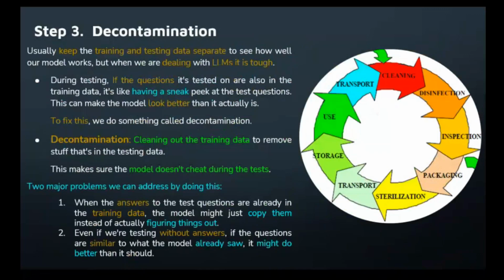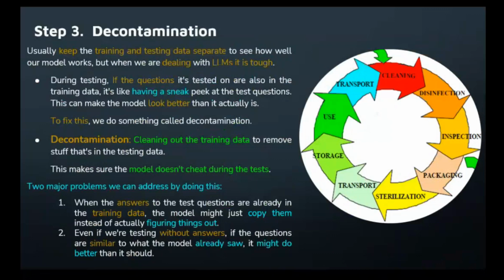Step 3 is decontamination. Decontamination is basically a process like setting fair rules for the game. We do not want the model to peek at the answers while it is supposed to be tested. So we clean up the training data to make sure the model does not cheat during the test. It's all about maintaining a level playing field to judge the performance fairly.